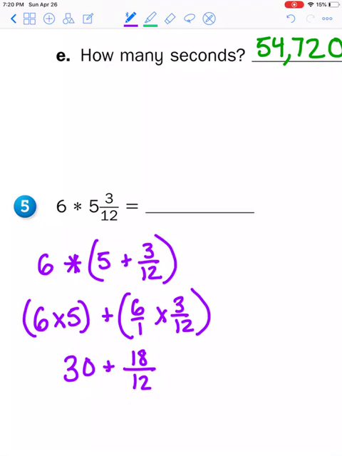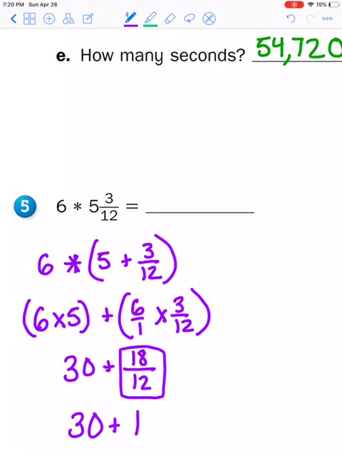So now I need to change 18/12 from an improper fraction into a mixed number. And I know that I can take out one whole.